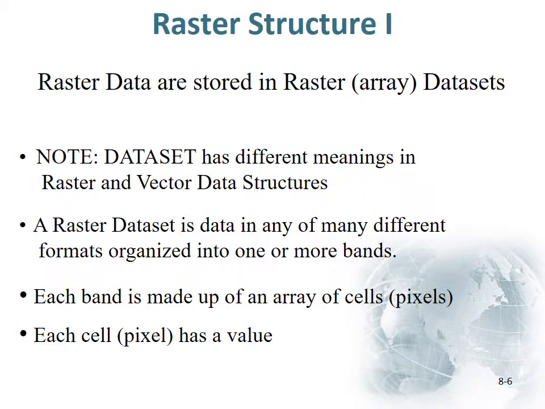So satellite imagery or aerial photography done digitally are examples of this, where each of the individual bands or layers of information contains some other piece of information about that Earth's surface that's related to everything else in that raster.